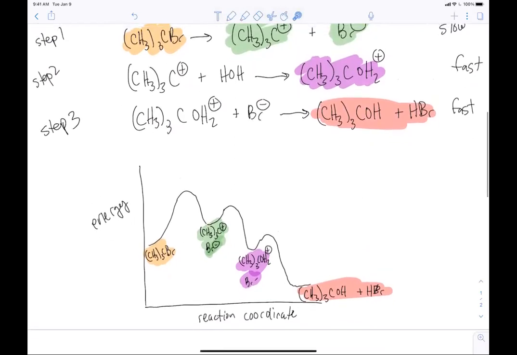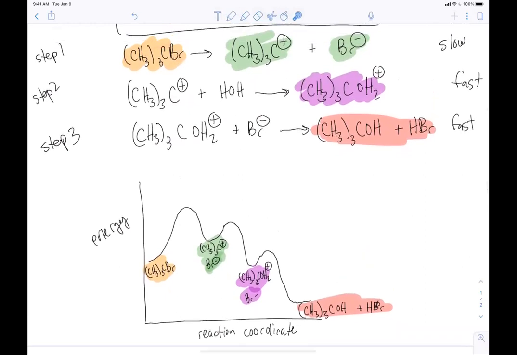The chemical species described by the mechanism all appear in the minima along this graph. Wherever you have these troughs in the reaction coordinate diagram, that describes the different things we can actually see in the mechanism, where bonds have really been formed or broken along the way. We see the reactants here, and they get converted to the intermediates, and that's the first trough. Those intermediates become this next intermediate, this purple intermediate I've drawn here, and that's the next trough. Then that intermediate reacts with bromide, and ultimately we get to our products.